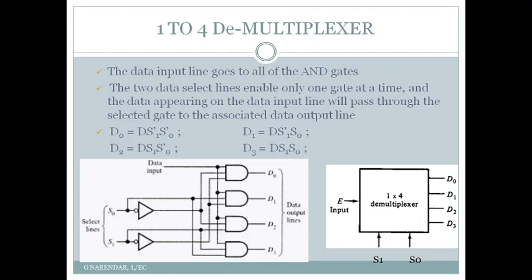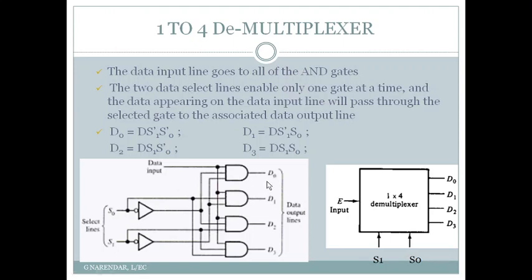So by making use of the algebraic equations or the Boolean equations for all the four outputs, I can draw the logic circuit diagram of the 1 to 4 demultiplexer.